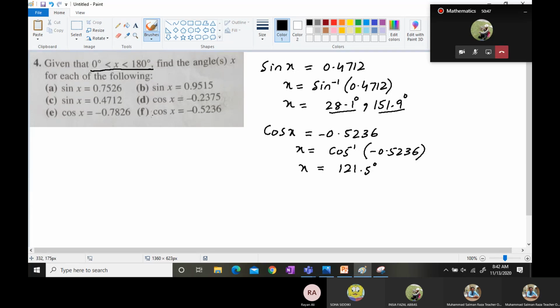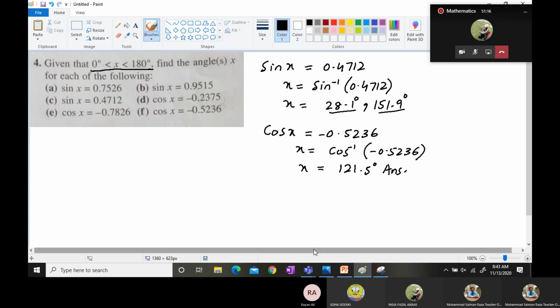But when they ask us the question of cos, then this is our answer. We are not going to convert them to the acute angles.